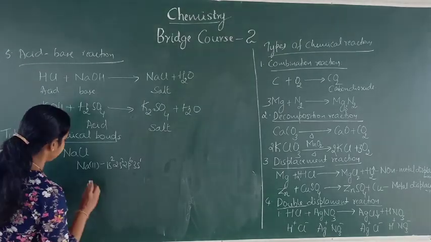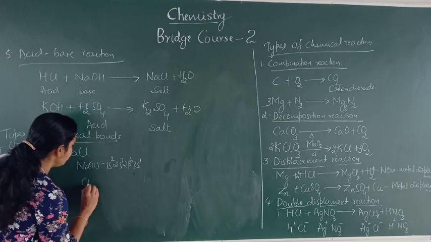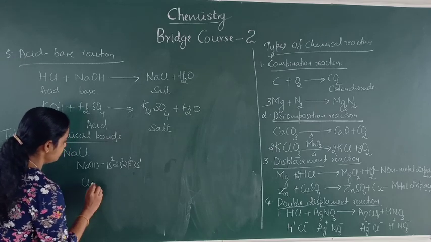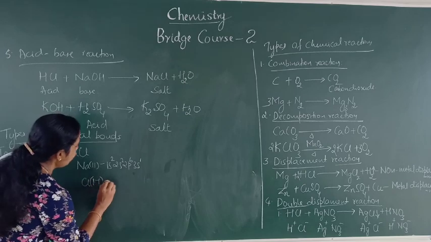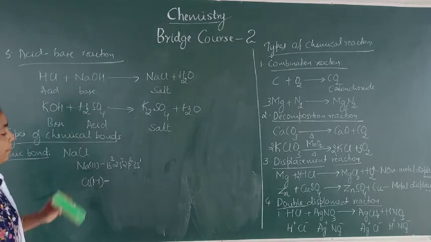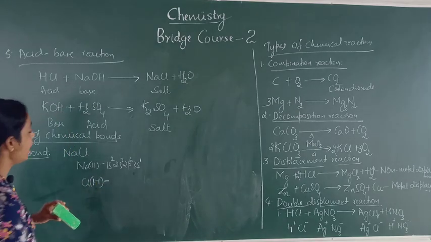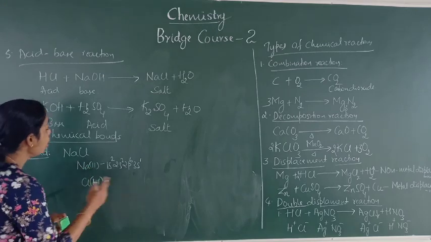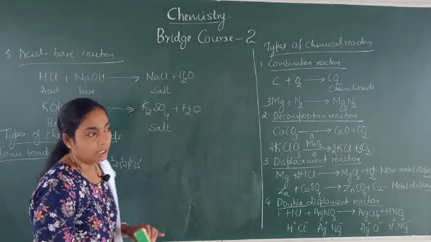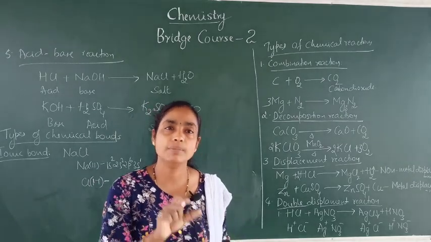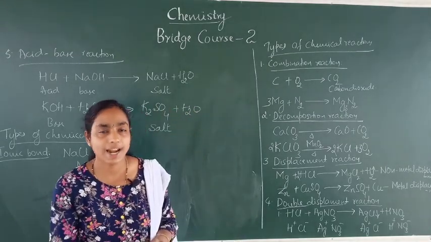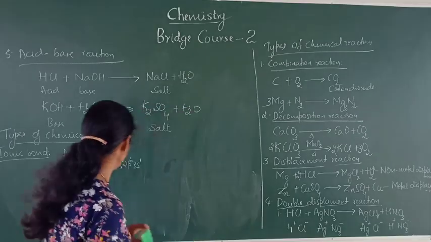It is transferred to chlorine atom and an ionic bond is formed between sodium ion and chloride ion. Ionic bond is the electrostatic force of attraction between the positively charged ion and the negatively charged ion.